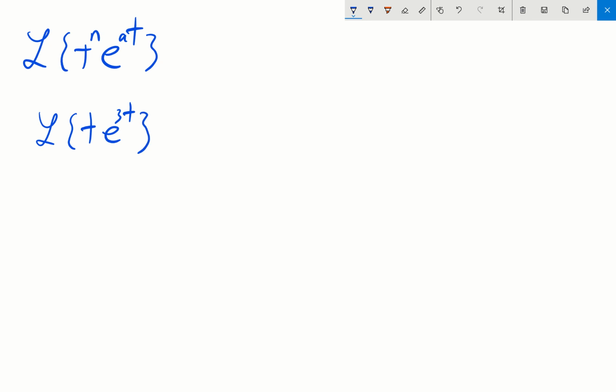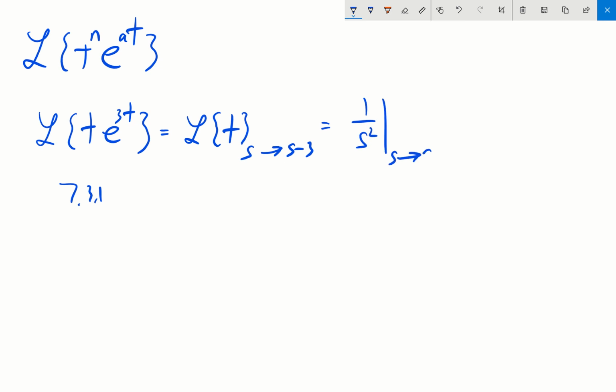This can be done using theorem 7.31 from previous stuff, that this is simply going to be the Laplace transform of t, but with the shift s going to s minus 3. We know that the Laplace transform of t is 1 over s squared, and then we simply need to translate the variable s to s minus 3.